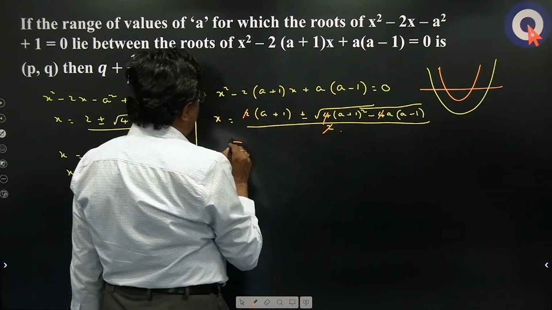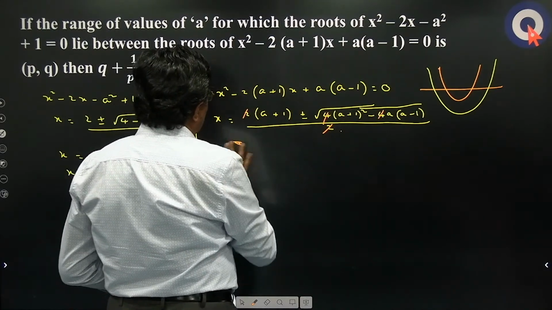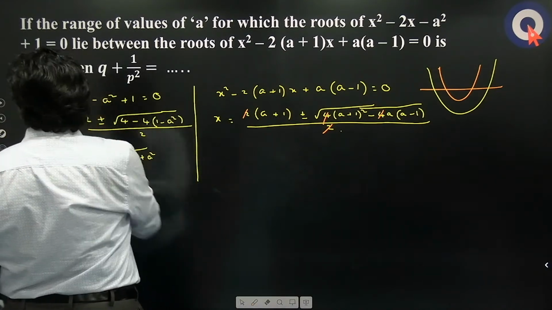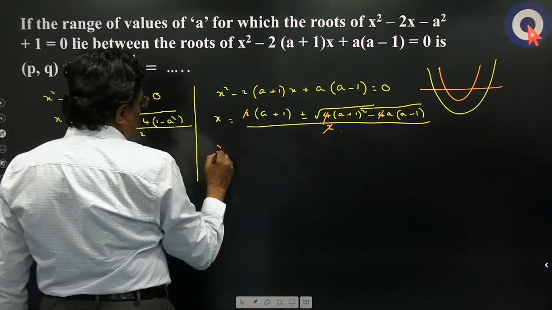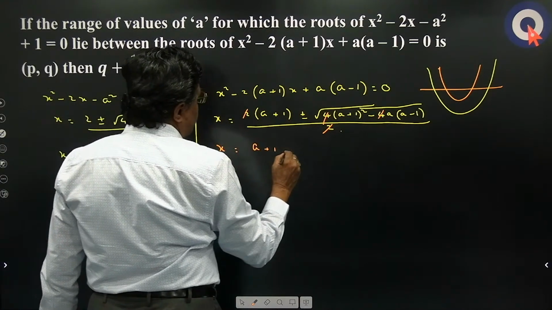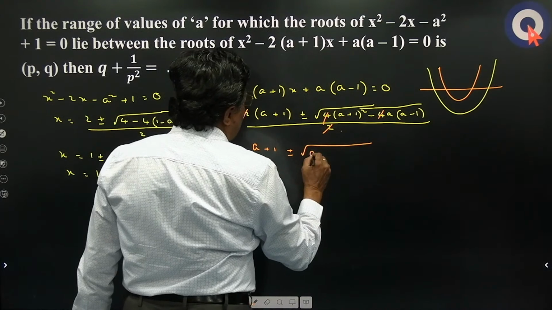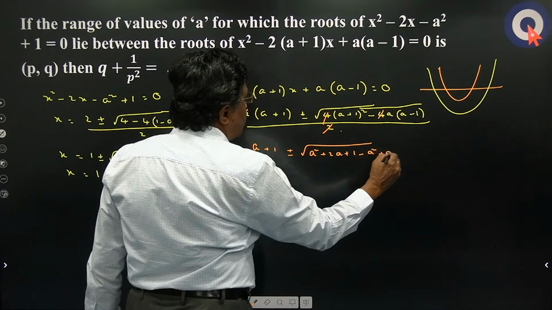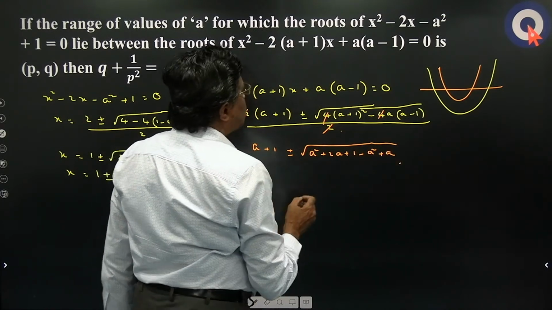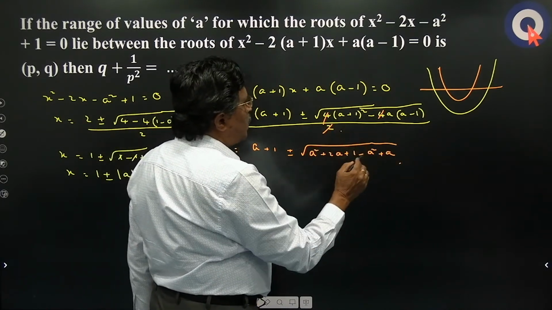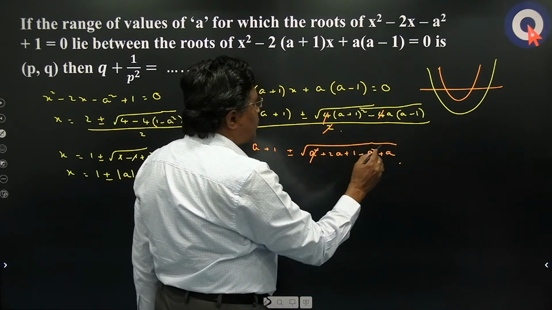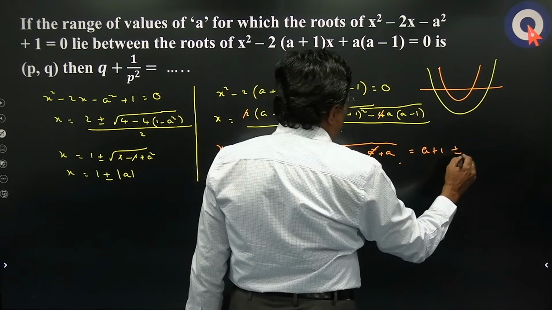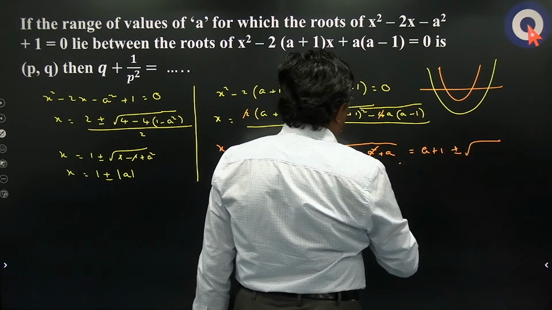What we get here is x is equal to a plus 1 plus or minus root of a square plus 2a plus 1 minus a square plus a. So this is cancelled. So what I get here is a plus 1 plus or minus root of 3a plus 1.